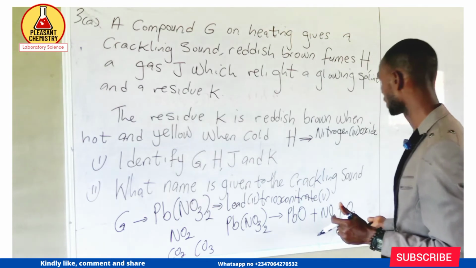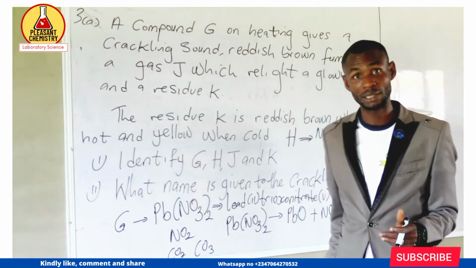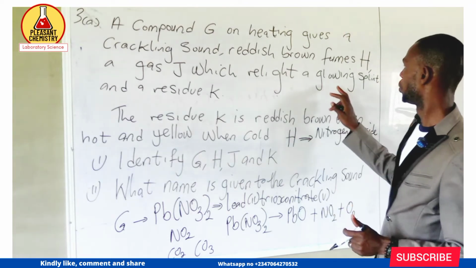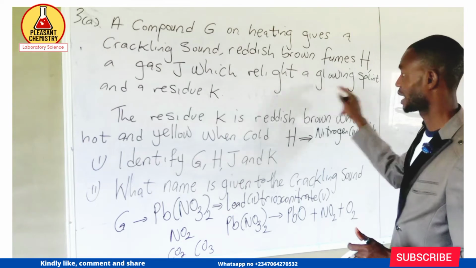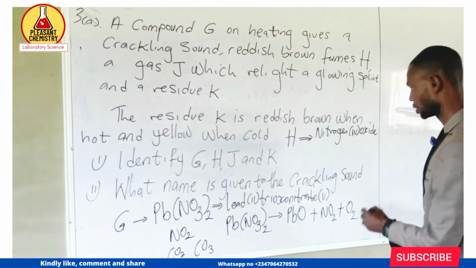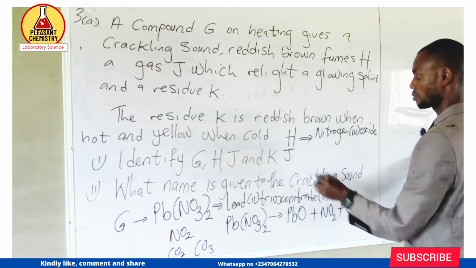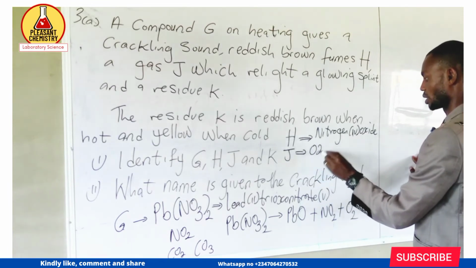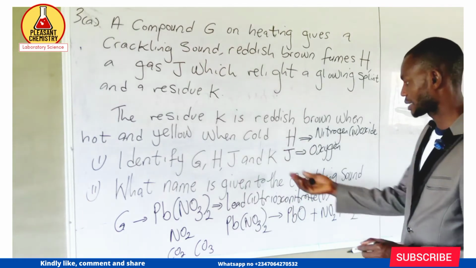But this one is unique, because in this equation we cannot get dinitrogen(I) oxide. So our gas J, the one that can rekindle a glowing splint, is oxygen.